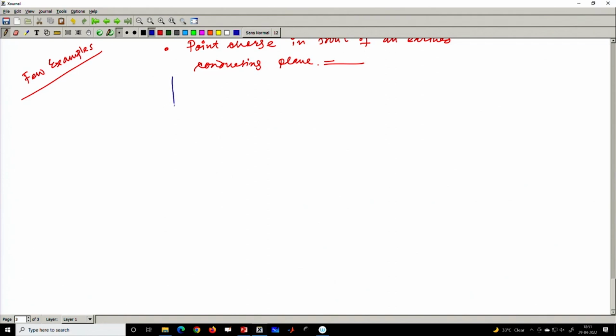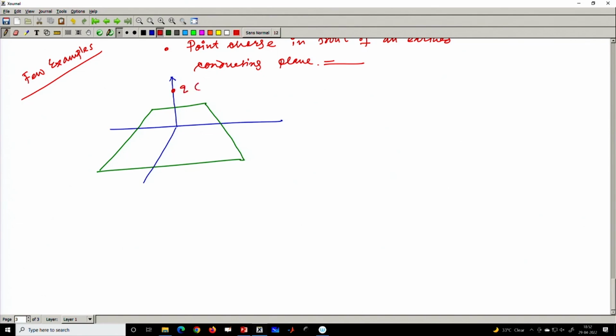Suppose I have a coordinate system like this, and I have a plane here like this, and a point charge is placed somewhere here, whose coordinate is say 0, 0, d, where this is my z axis, say this is x and this is y.